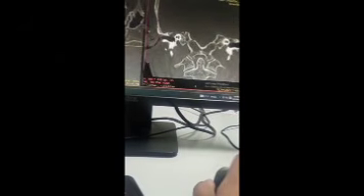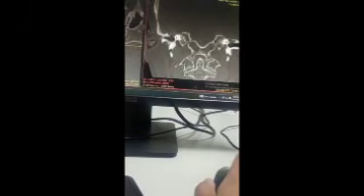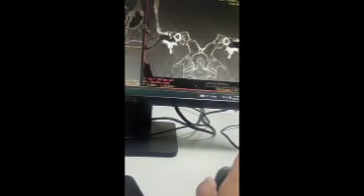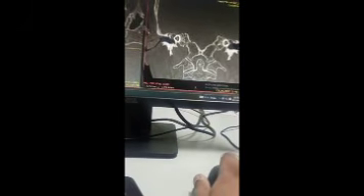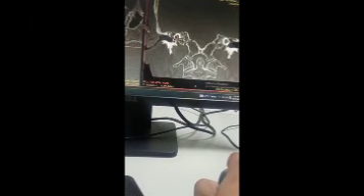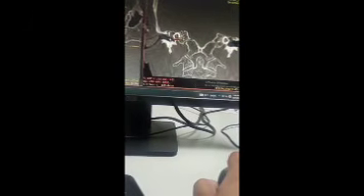We can draw an arbitrary line from this point to that point. I have drawn this line. The structure above this line is the epitympanum, and the structures below are the meso- and hypotympanum.